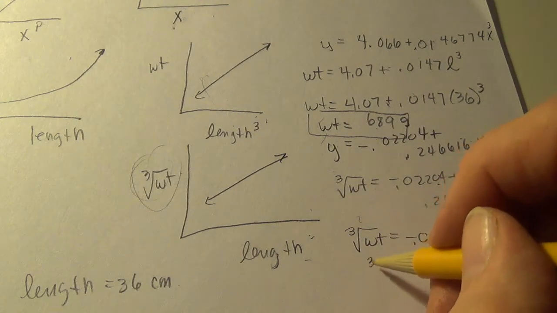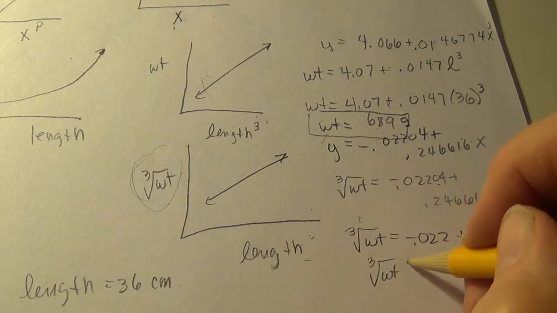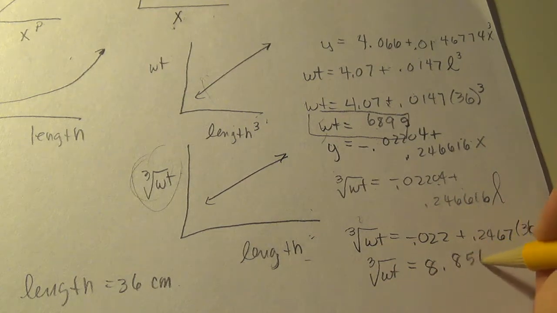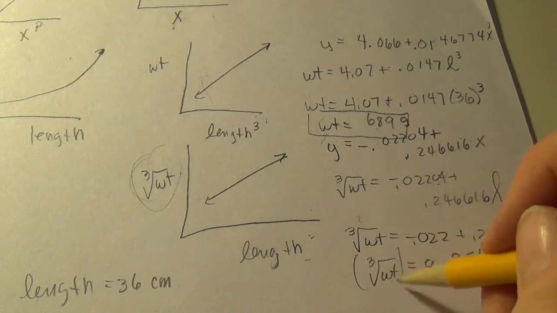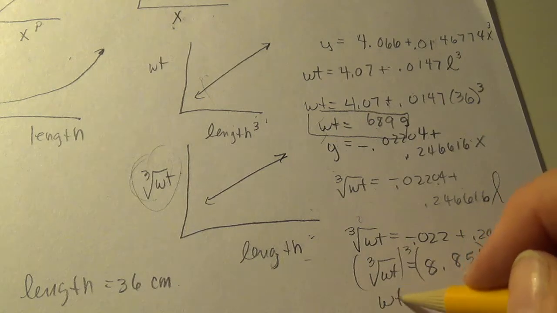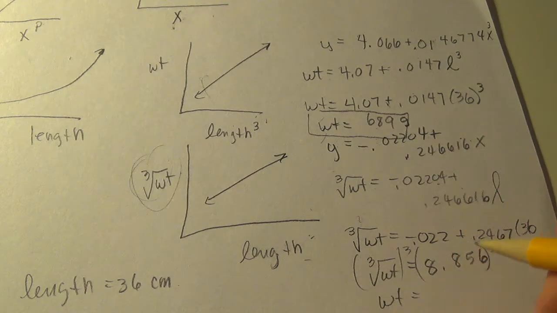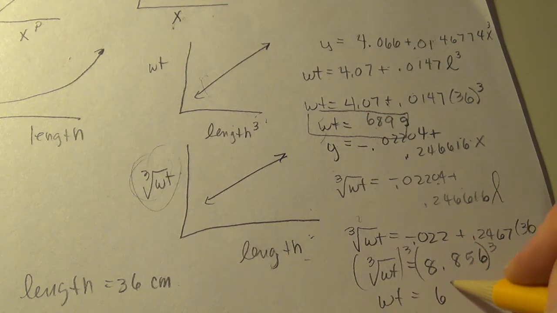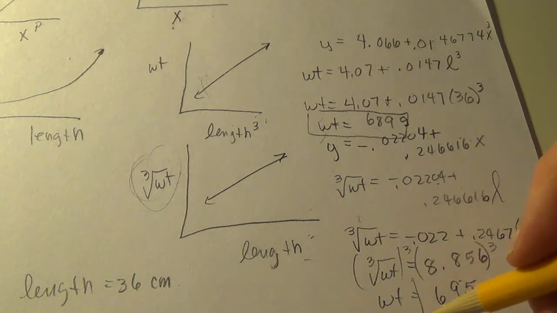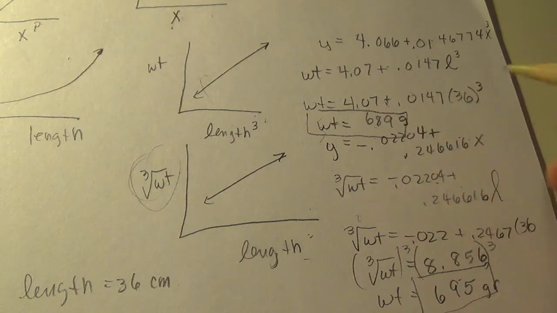So this turns out to be the cube root of the weight equals 8.856. So then I cube both sides, a little math to end our year. Weight equals this number cubed, which is about 695 grams. So a little difference. So which one's the best?